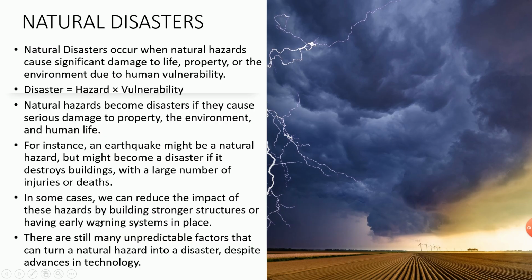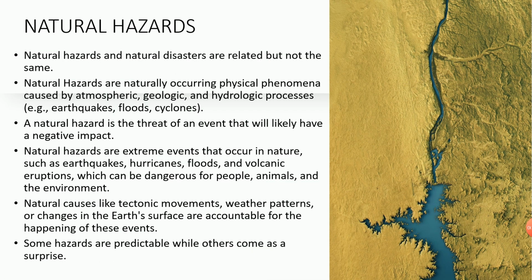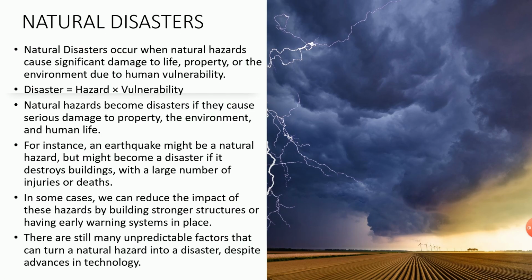If we have made adequate arrangements, we can reduce it, but we cannot prevent it completely. There are still many unpredictable factors that can turn a natural hazard into a disaster despite advances in technology. So I hope the difference between natural hazard and natural disaster is clear.